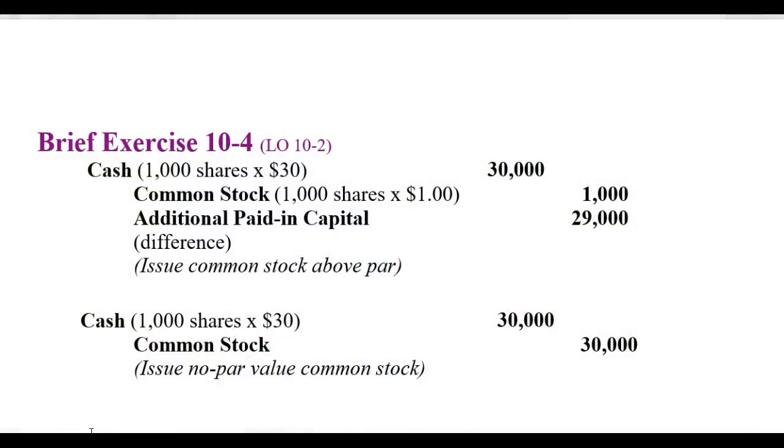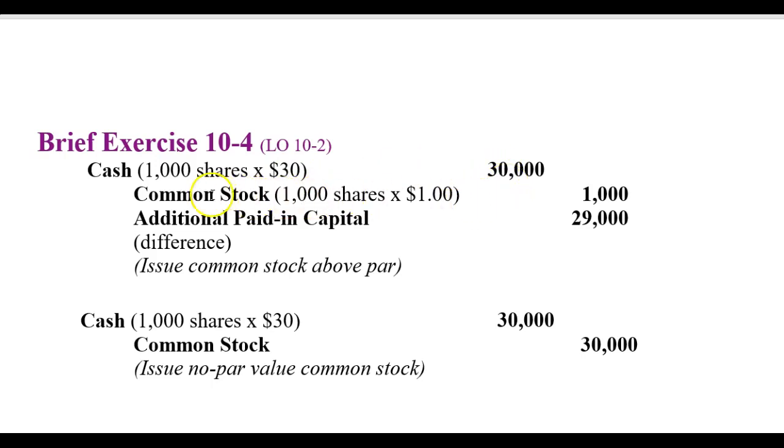Let's cover brief exercise 10-4. In the book, it's on page 489, it says that this company issued 1,000 shares of $1 par value common stock and it received $30 per share. To record this entry, the cash being received is 1,000 shares times $30 per share, or $30,000.